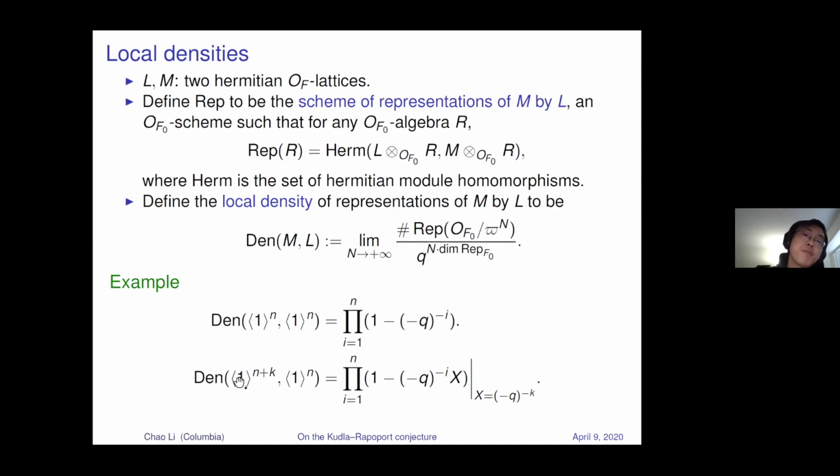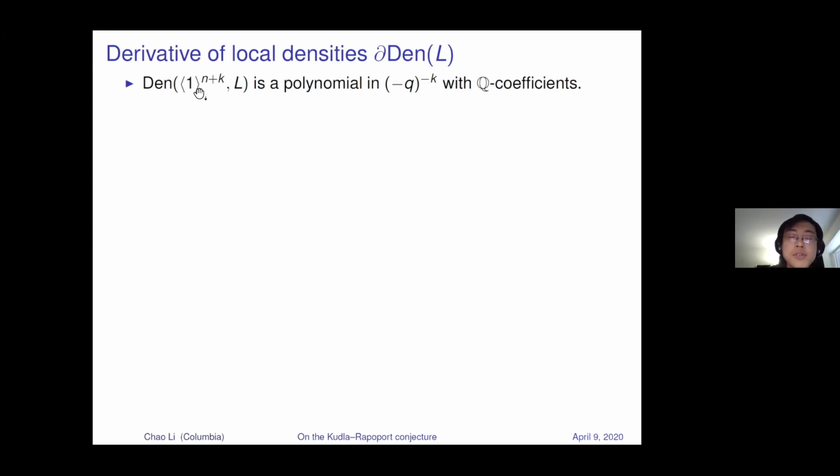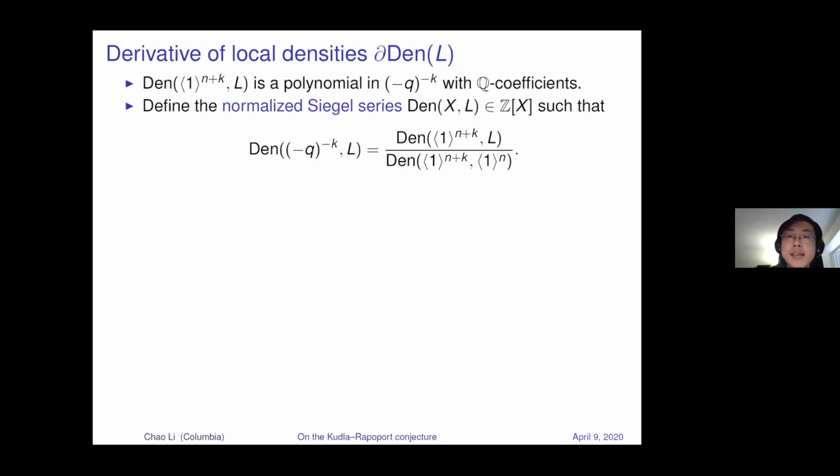What you observe by doing this computation is that if I vary the first factor to be a self-dual lattice of increasing ranks, then this local density is in fact a polynomial in the variable minus q to the minus k with rational coefficients. In fact, you can do a little bit better by renormalizing. Take this polynomial and renormalize by the factor that appeared on the previous slide, then I get a polynomial with integral coefficients.